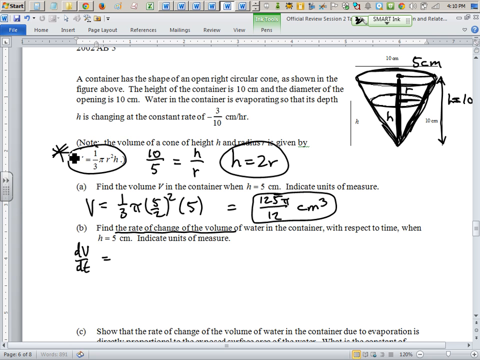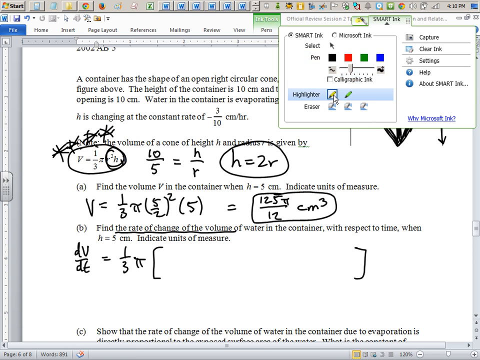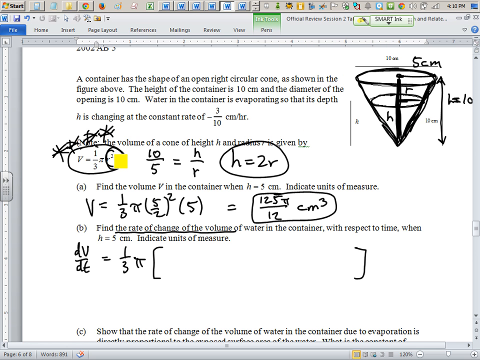Let's try to find the derivative of the volume formula. So I'm looking up here where my asterisks are, and I would like to find the derivative. Definitely going to be a 1/3 pi, just chilling out front. How am I going to take the derivative of r squared h? What's the derivative of r squared? 2r dr/dt, excuse me.